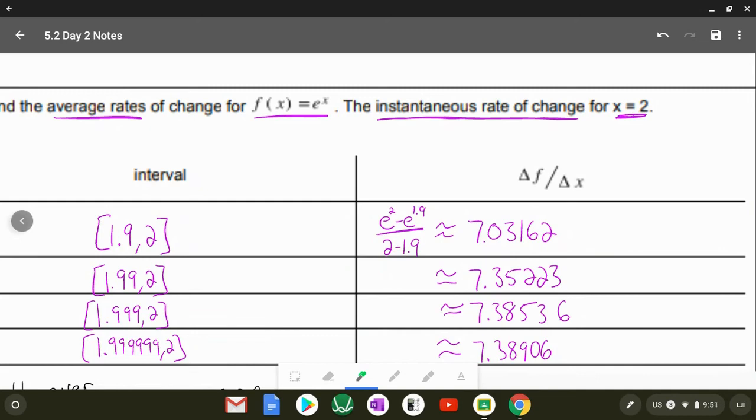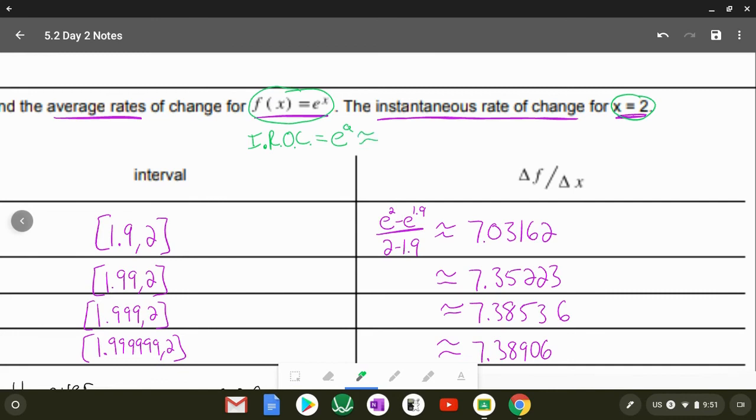Now, what I do want to talk about, though, is remember on the front page, we said that the special exponential function, e to the x, has a nice character trait: you can find the instantaneous rate of change for any exponential function with e to the x by typing in e to the a, or whatever x value we're trying to find that instantaneous rate of change at.